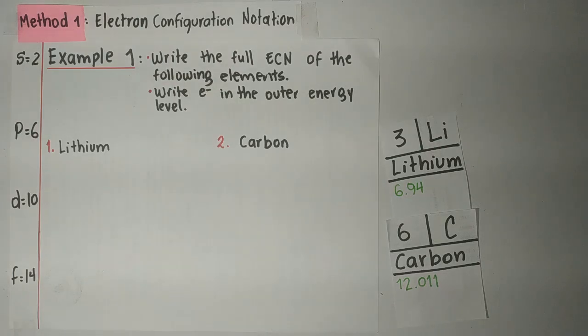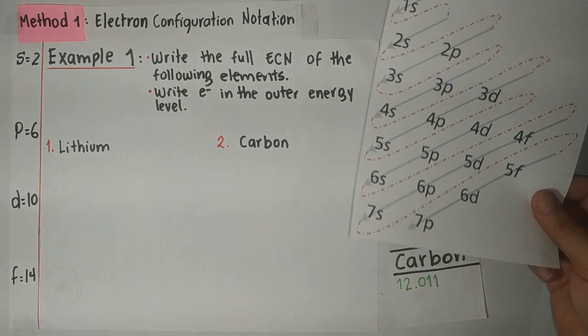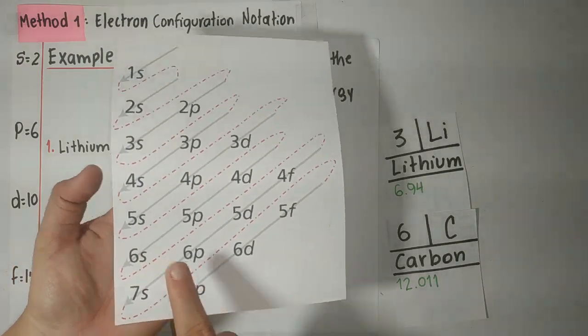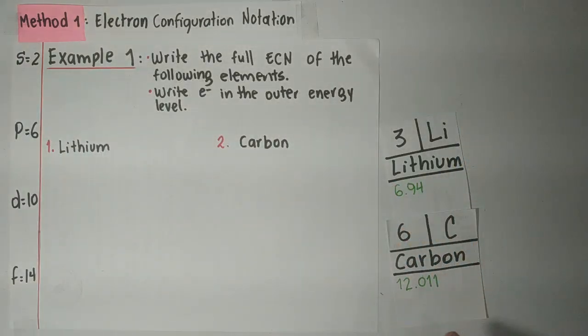Remember when we were learning about the subatomic particles, we said that the atomic number tells you the number of protons, but also the number of electrons. So, first of all, you're going to make sure that you have everything you need. You have your electron configuration table, and you have your periodic table with you.